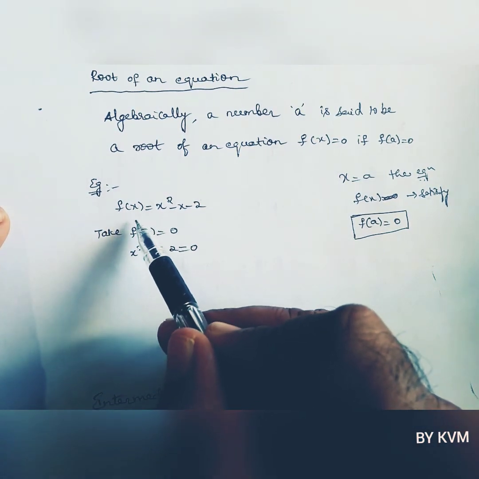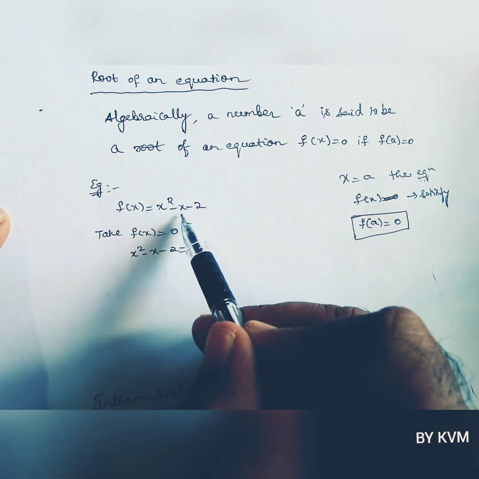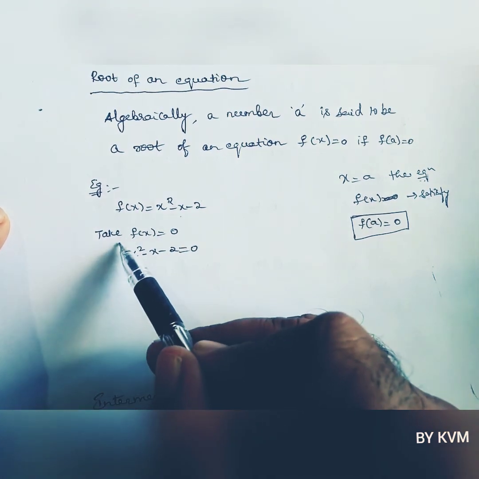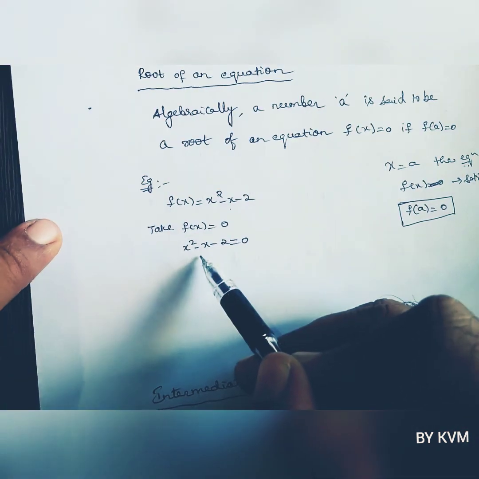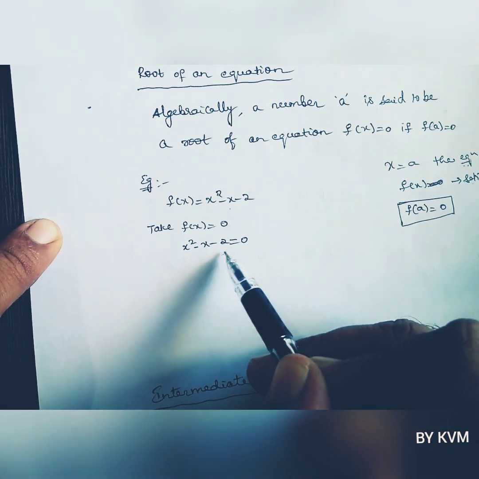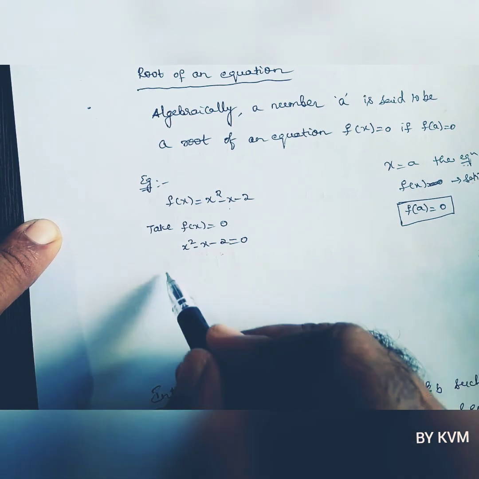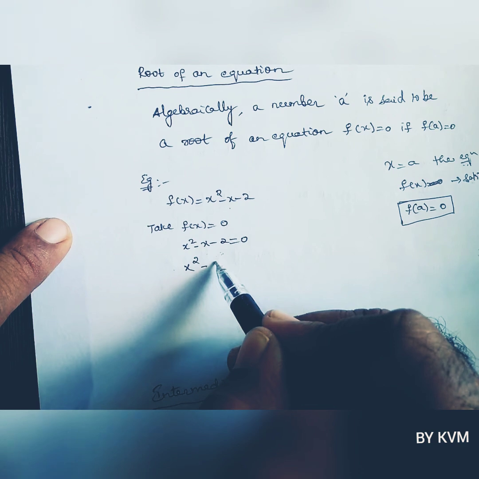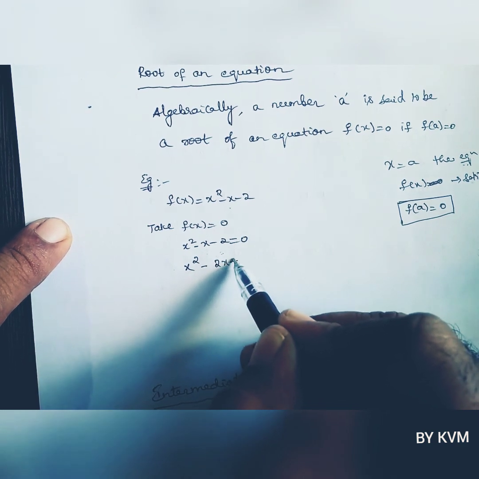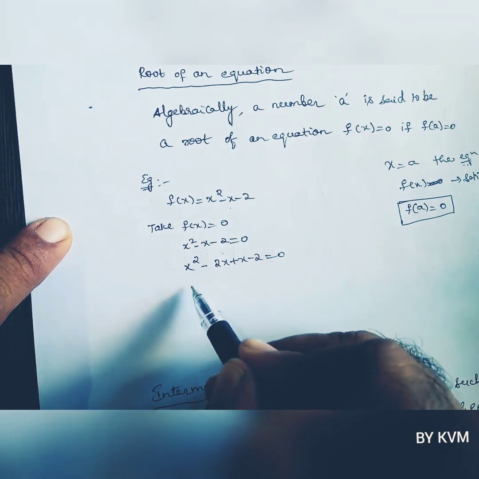So let us take an example. f of x equals x square minus x minus 2. Now take f of x equals 0 to find the roots. So x square minus x minus 2 equals 0. We can factorize this equation: x square minus 2x plus x minus 2 equals 0.